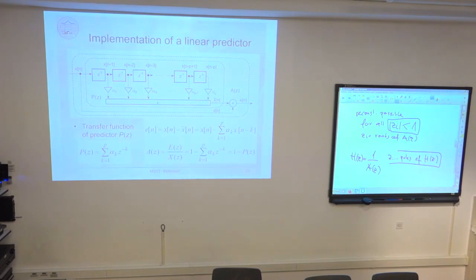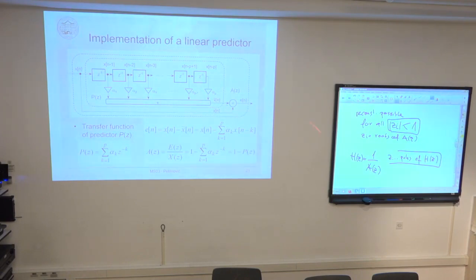Okay, we will not go any further, just to understand these basic concepts of stability. So what are the conditions for this stability? The requirement is that this A of z polynomial should not have any roots with magnitude greater than unity.